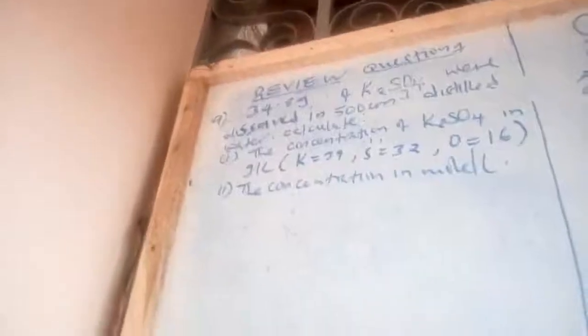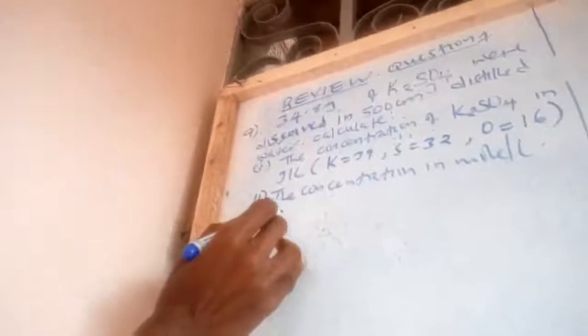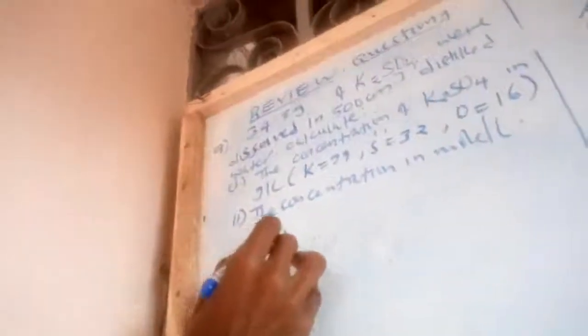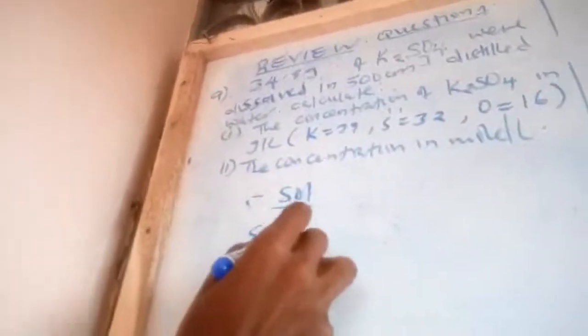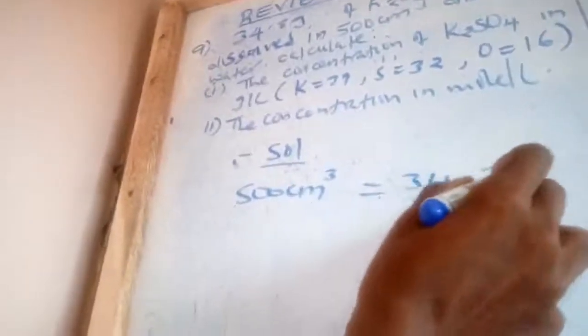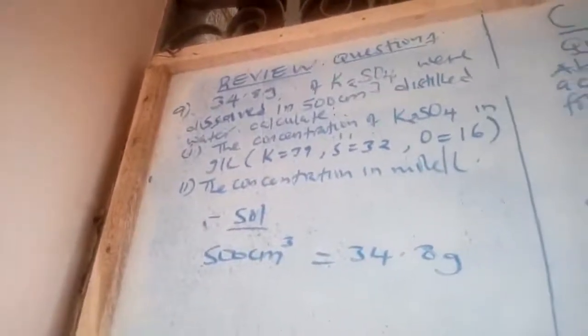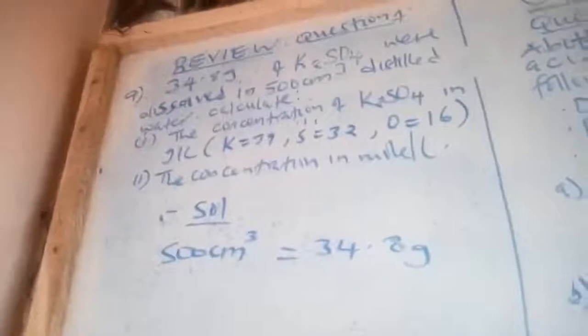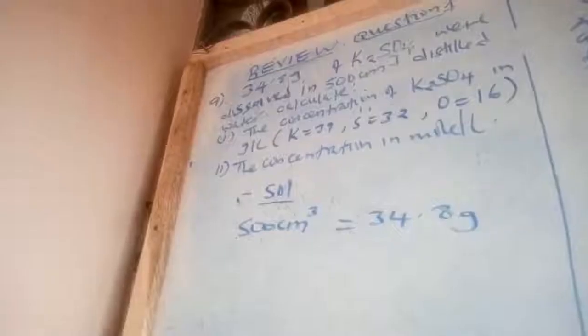You are supposed to reason out this way. You say if 500 cubic centimeters of solution contain 34.8 grams of potassium sulfate, you are expected to calculate the concentration of potassium sulfate in grams per liter.